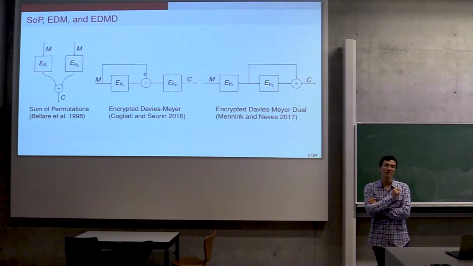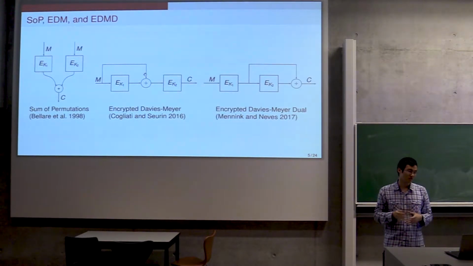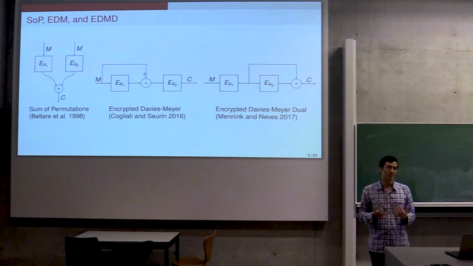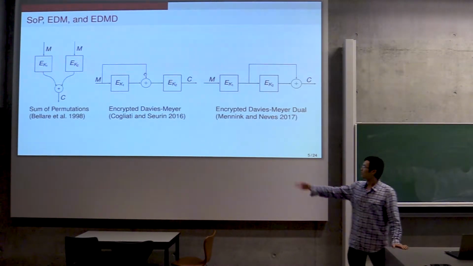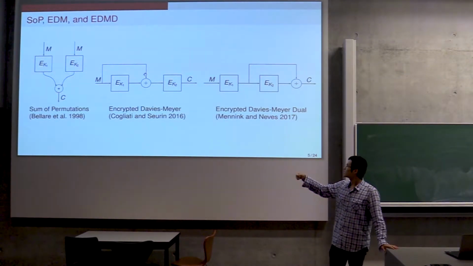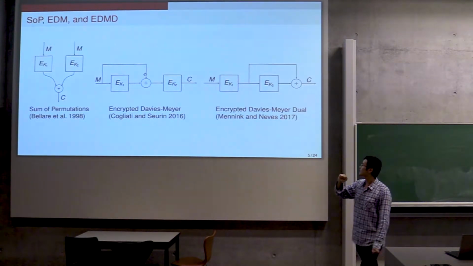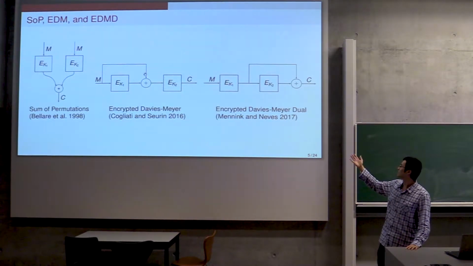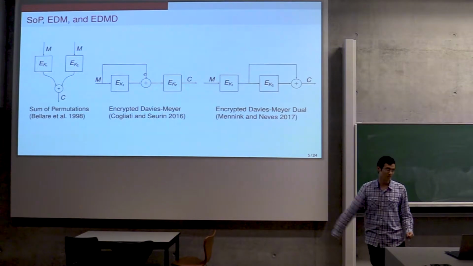So in the last few years, various approaches to turn a PRP into a PRF have been proposed. For example, the Sum of Permutations by Bellare et al. in 1998, the Encrypted Davies-Meyer by Cogliati and Seurin in 2016, and Encrypted Davies-Meyer Dual in 2017 by Mennink and Neves.